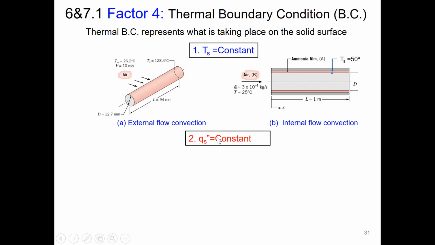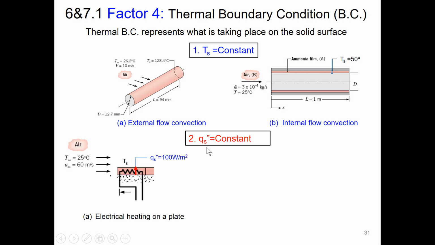There are two conditions that can occur on the solid surface. The first is that the surface temperature is constant. That is, there is a uniform temperature for the solid surface. The second is the surface has constant heat flux.